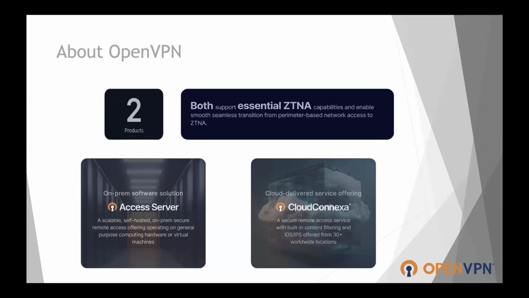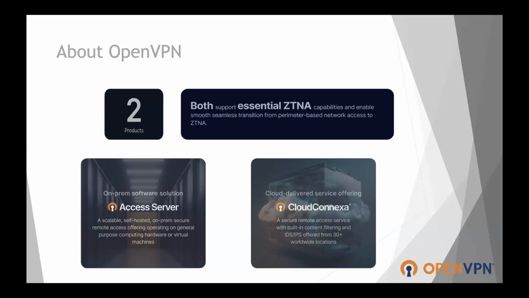It's called Cloud Connexa, and you can think of it as VPN as a service, but with a lot of enhanced features. So it has built-in security features such as IDS, IPS, and domain name filtering, content filtering, web filtering. There are many names for it. And also very advanced routing features, application sharing features.